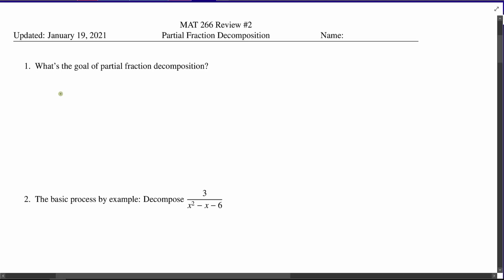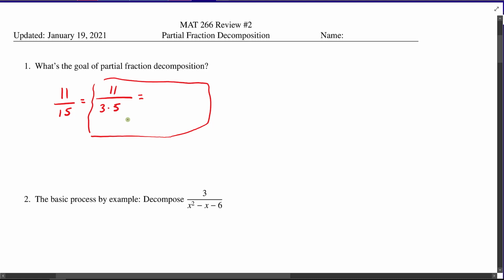Well, one way to look at it is if I were to take the fraction 11/15, I could rewrite the denominator in terms of its prime factors. The number 15 could be written as 3 times 5. And then taking just this piece of it here, I might ask the question, if I wanted to break this up into a sum of fractions over those multiples of the denominator, we would say, well, what A plus what B would make this true?